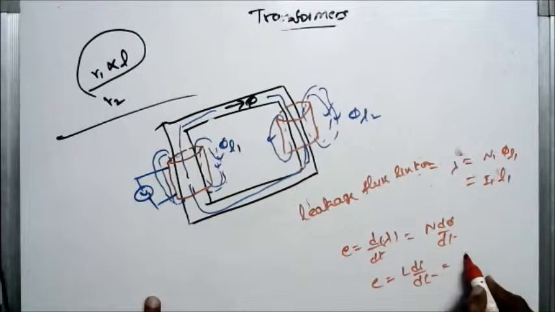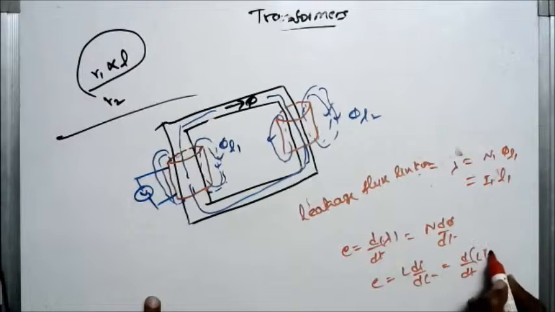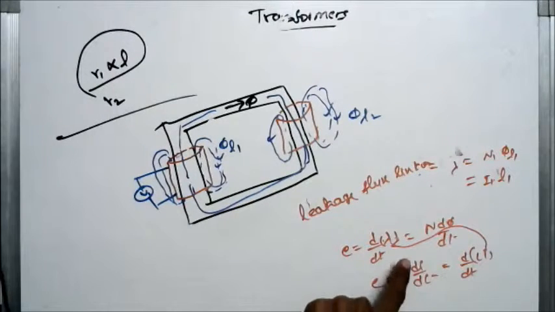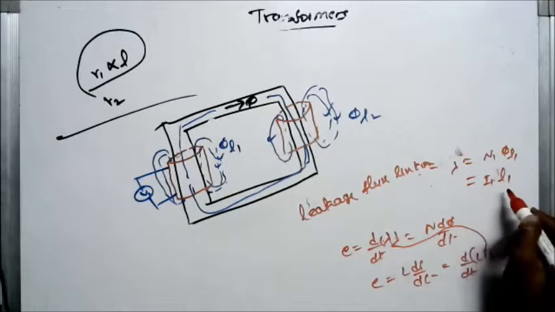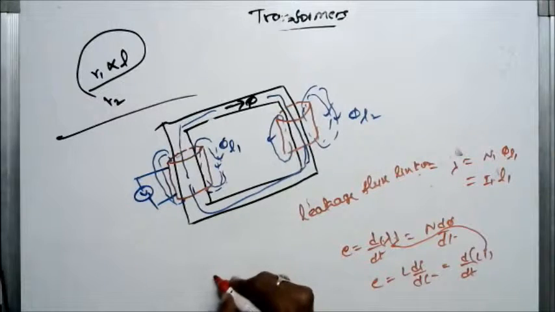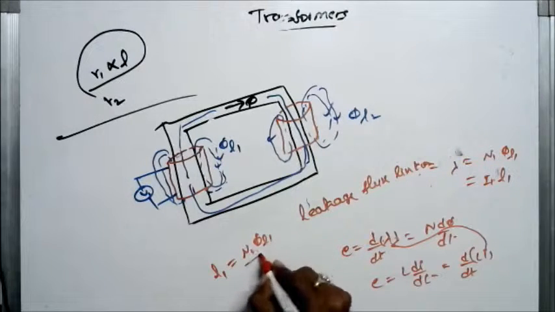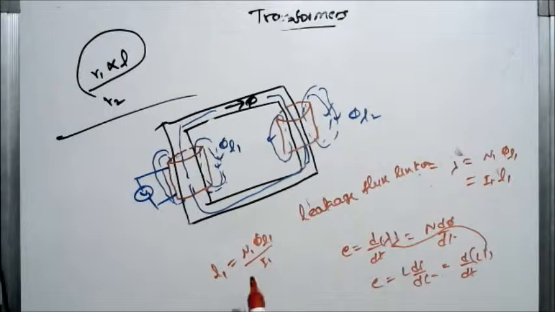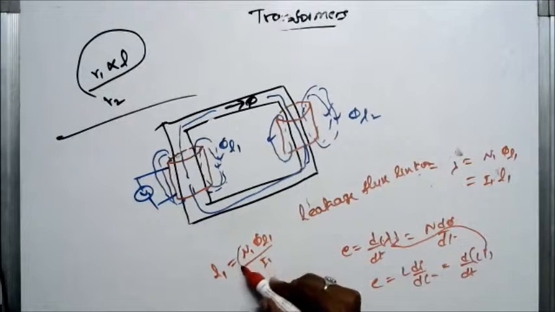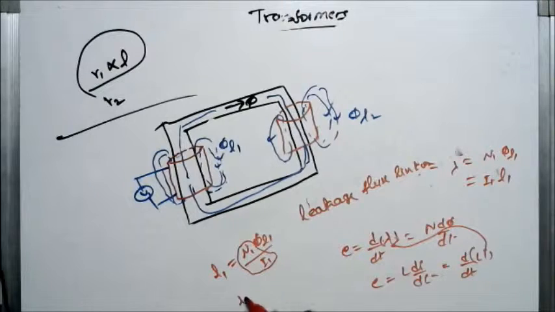So that is equal to d by dt of L into I. Now the leakage inductance L1 is equal to N1 phi L1 divided by I1. Under steady state conditions, not transient conditions, we will assume that this is always constant. So L1 is directly proportional to phi L1. So leakage flux we have modeled as inductance L.